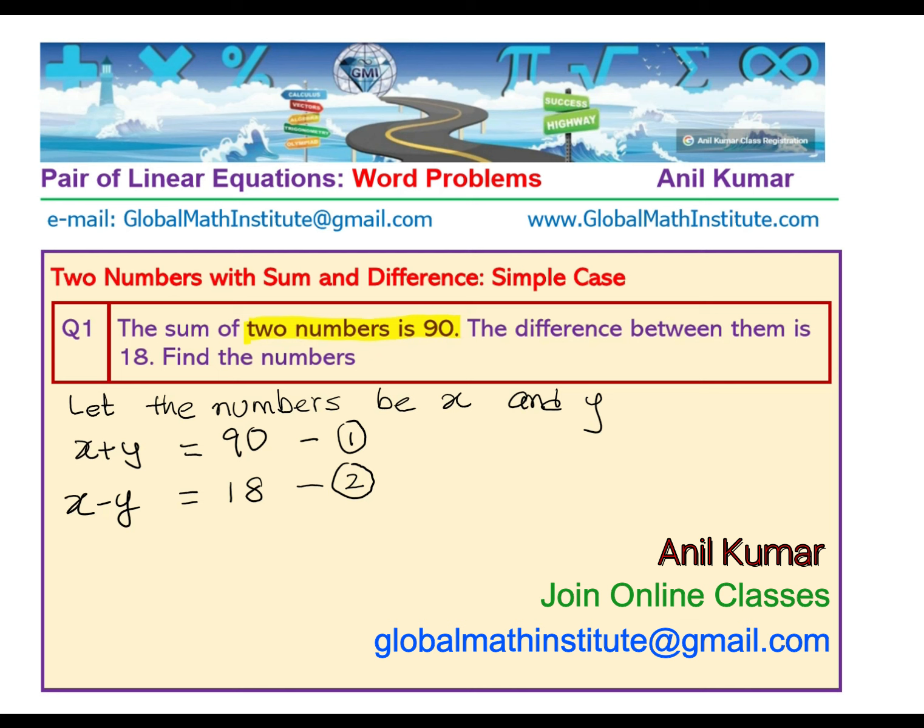The best way here is, since you see plus y and minus y, if I add the two equations, so if I add equation 1 with equation 2, what do I get? x plus x is 2x, y minus y is 0, so I'm not writing it, and 90 plus 18 is 108.